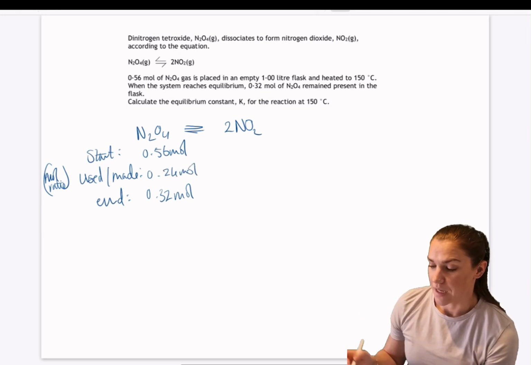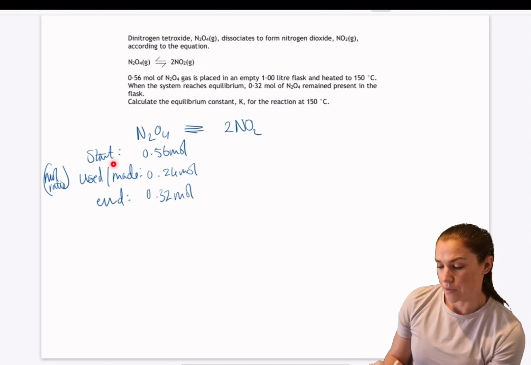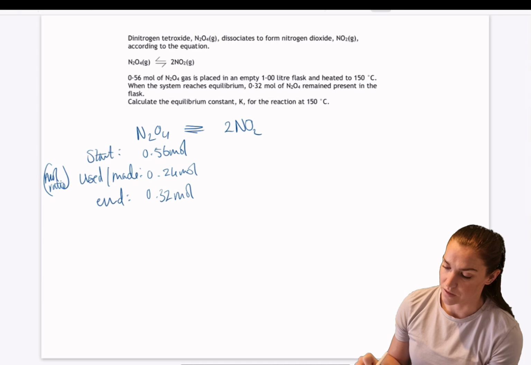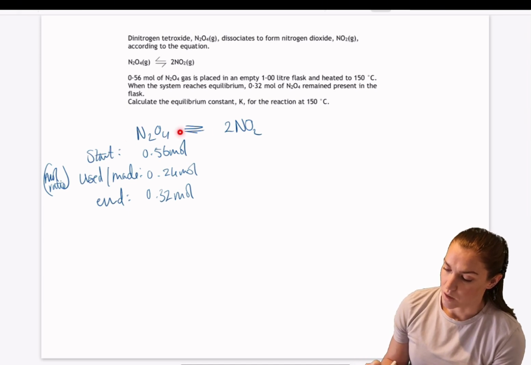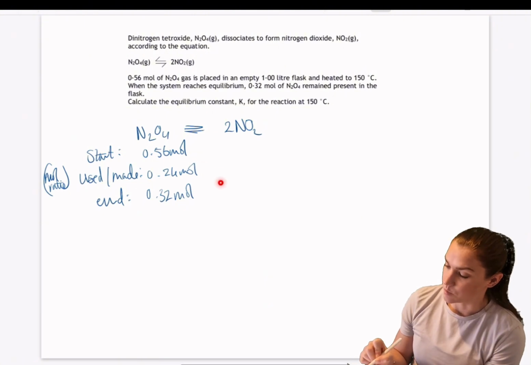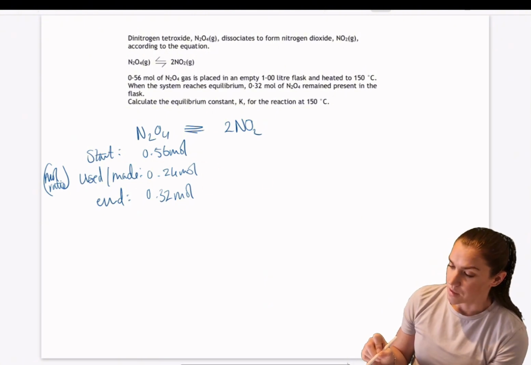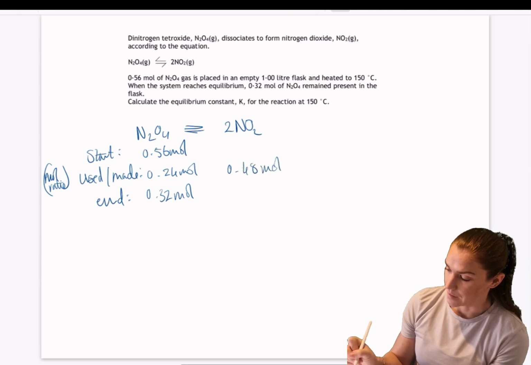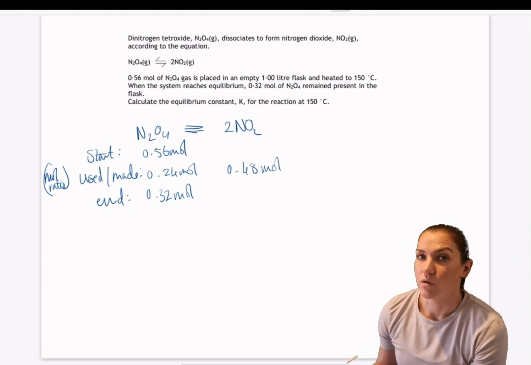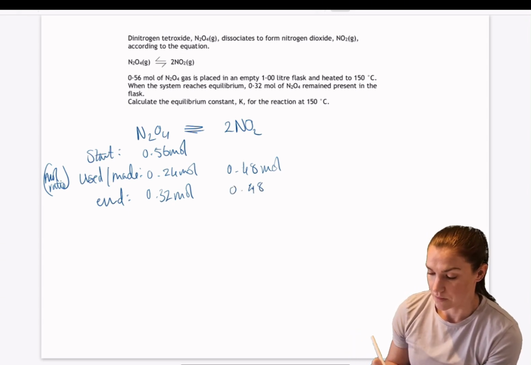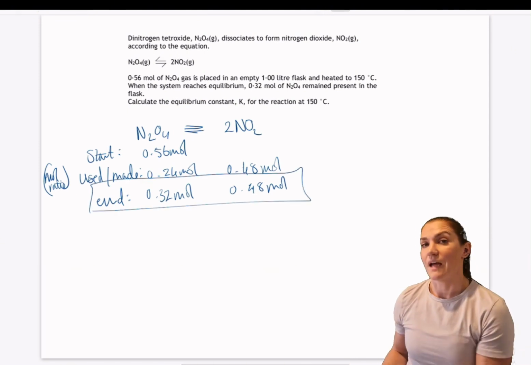Okay, that means we've got a number in this middle row, so we can apply the mole ratios and work out how many moles of everything else there is. This time it's a 1:2 ratio, so we need to times this 0.24 moles by 2 to get the number of moles of NO2 that must have been formed. Now that we know how much has been made, that's how much we would have at the end. Now we have all of the numbers that we need at the end of the reaction.